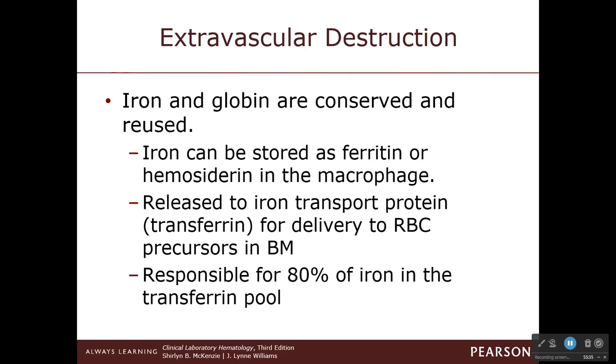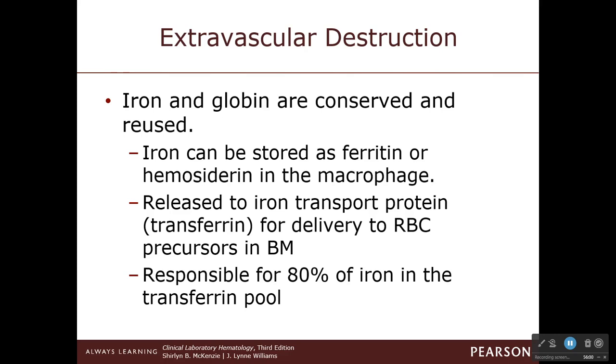So if I ask you what two forms of iron storage are, you will tell me ferritin and hemosiderin. This goes for our entire body all the time. I know we're talking about hemoglobin, but later on when we start talking about iron deficiency anemia, these terms are going to pop back up. So I want you to make sure you know these.